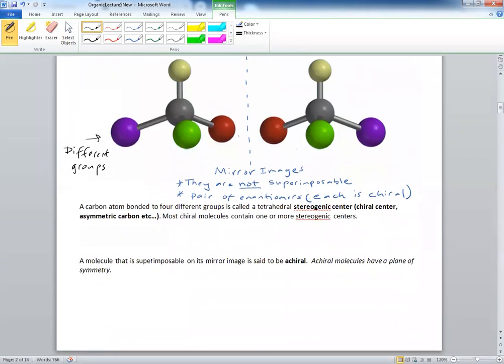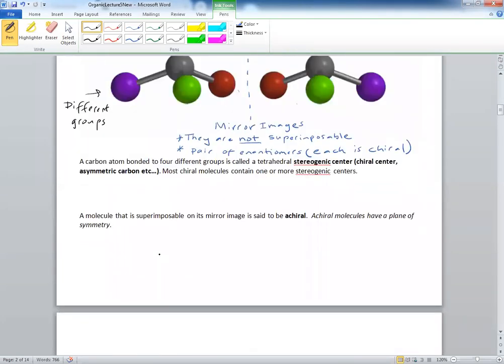All right, so let's take a look at how we would actually see that. Imagine you have this formula.